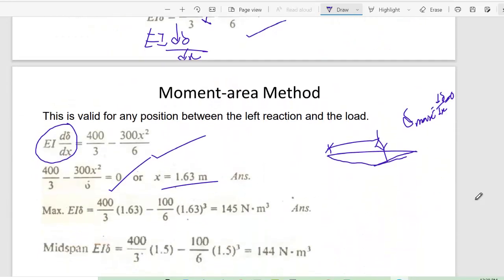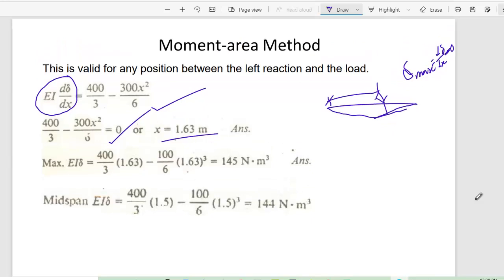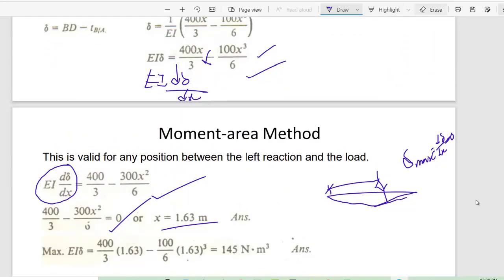So they find the distance is 1.63. Now if you put the value of 1.63, the location of x, in this equation, you can get the value of EI delta.